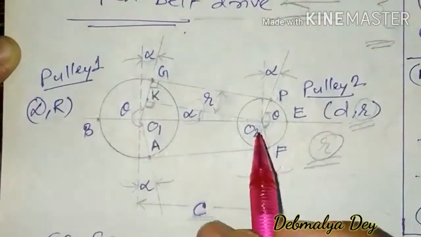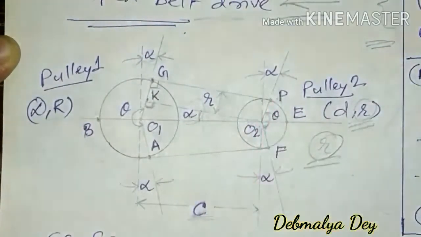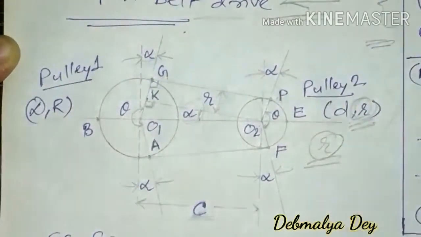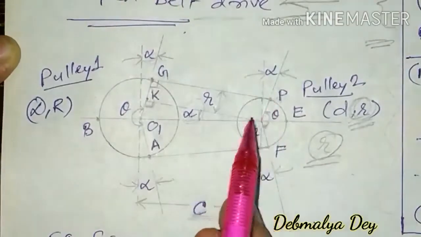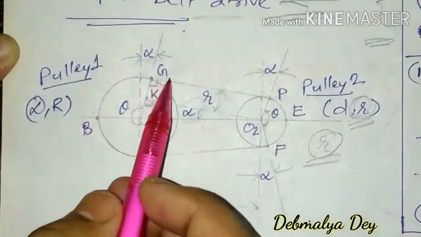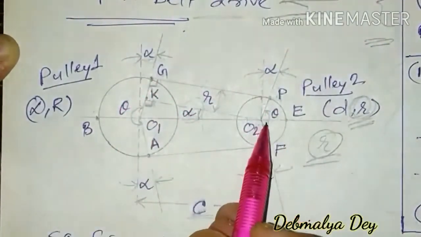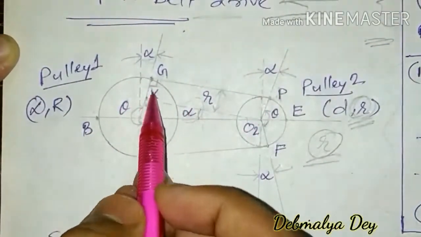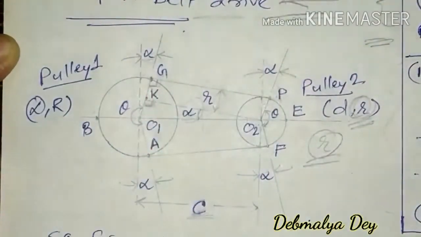Now in the smaller pulley, O2P is the value of the radius which we denote by small r. This value of O2P will be equal to KG. Why? Because these angles are 90 degrees and these two lines are parallel, so naturally these two values will also be equal. So O2P will be equal to KG, and that will be equal to small r. I hope this is clear.